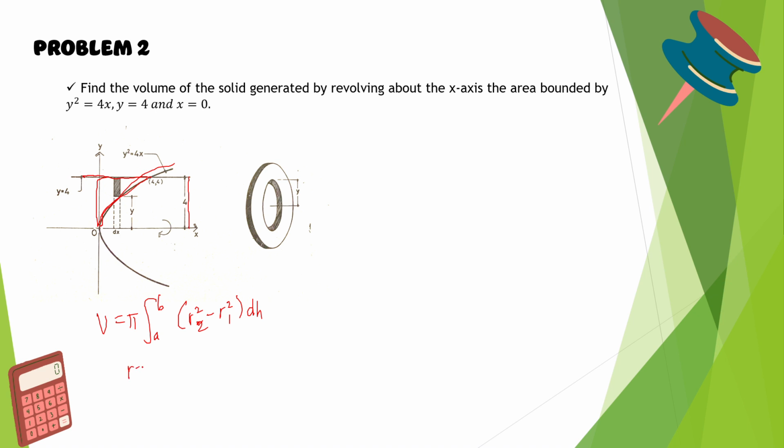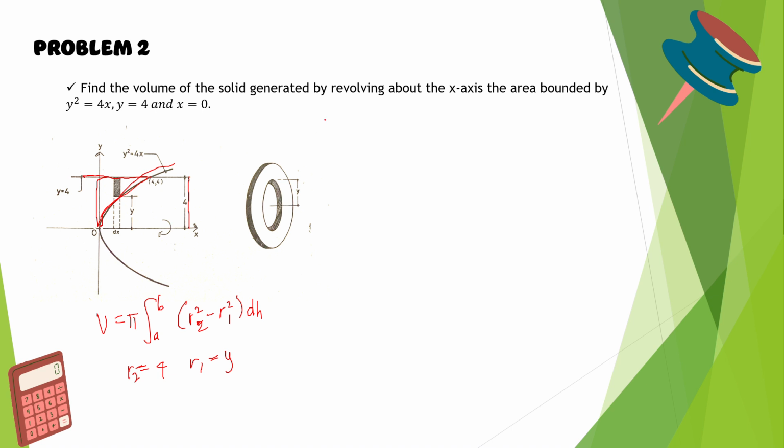Our r2 is equal to 4, and our r1 is equal to y, because we are rotating it in terms of dx.